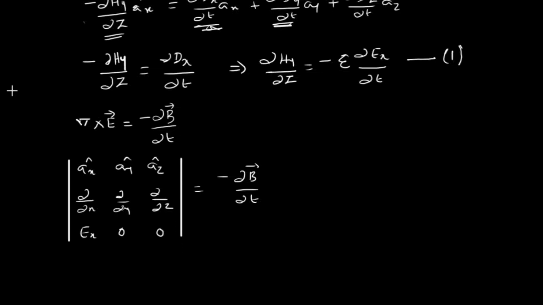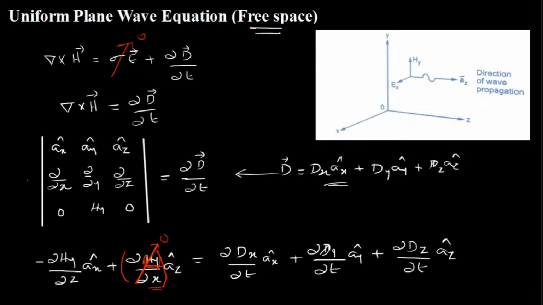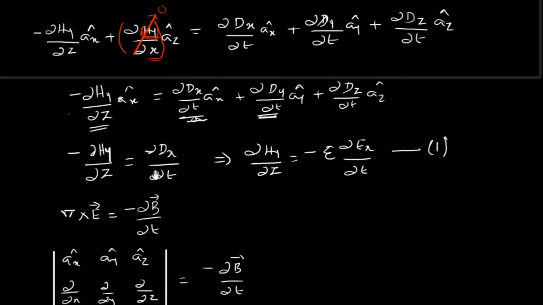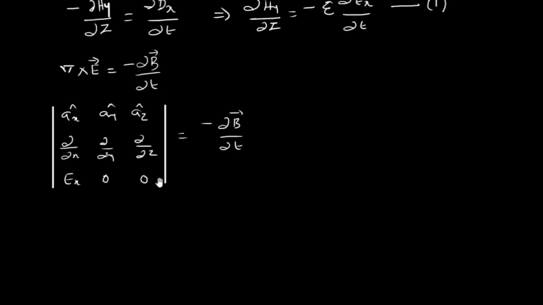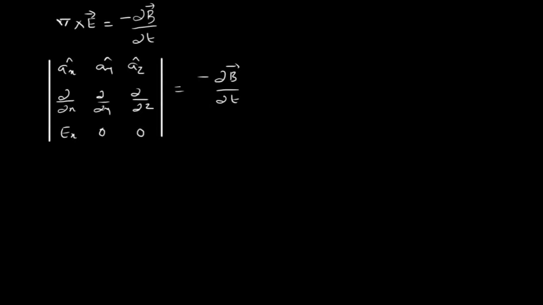So let me write the determinant. If I calculate, I'll find it as ∂Ex/∂z ay cap minus partial differential of Ex with respect to y az cap. Remaining terms will be 0.